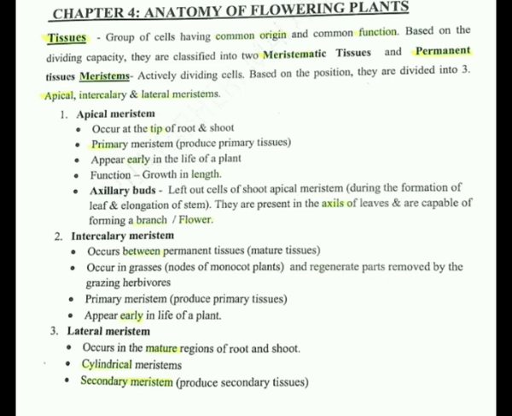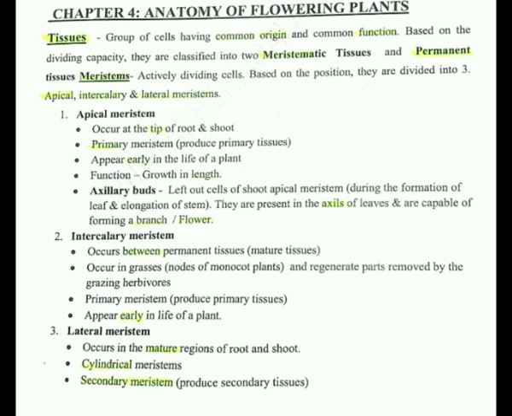Then we should keep in mind meristematic tissues and permanent tissues. About meristematic tissues, we should keep in mind three classifications: apical meristem, intercalary meristem and lateral meristem. About apical meristem, we should keep in mind four main words: tip, primary, early, length.